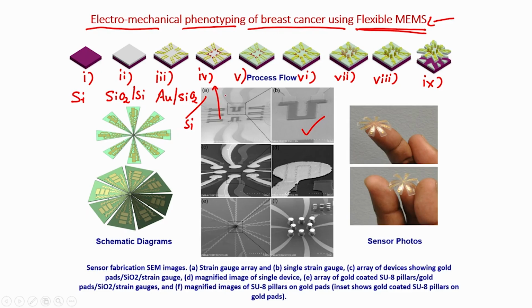Fourth step, what is the fourth step? Now we have deposited SiO2 on chrome gold on SiO2 on silicon.